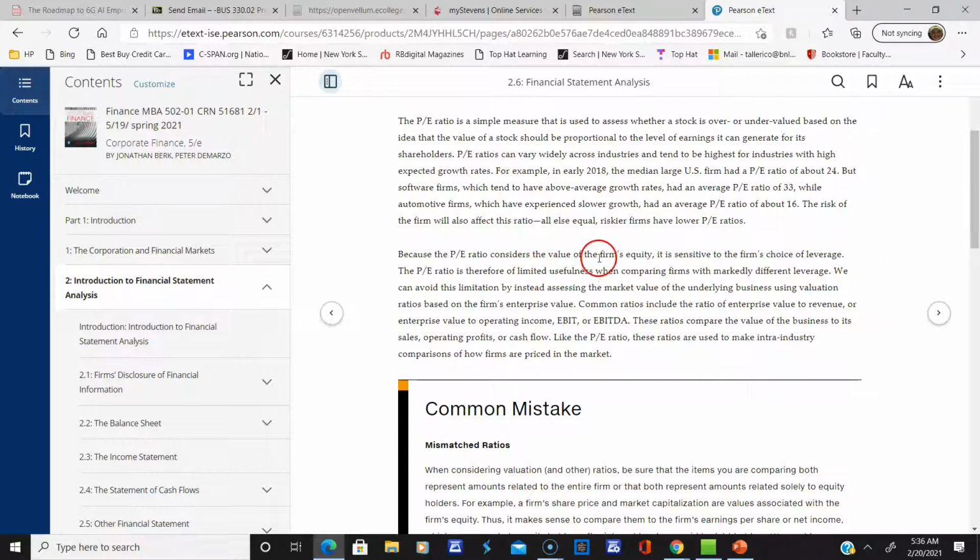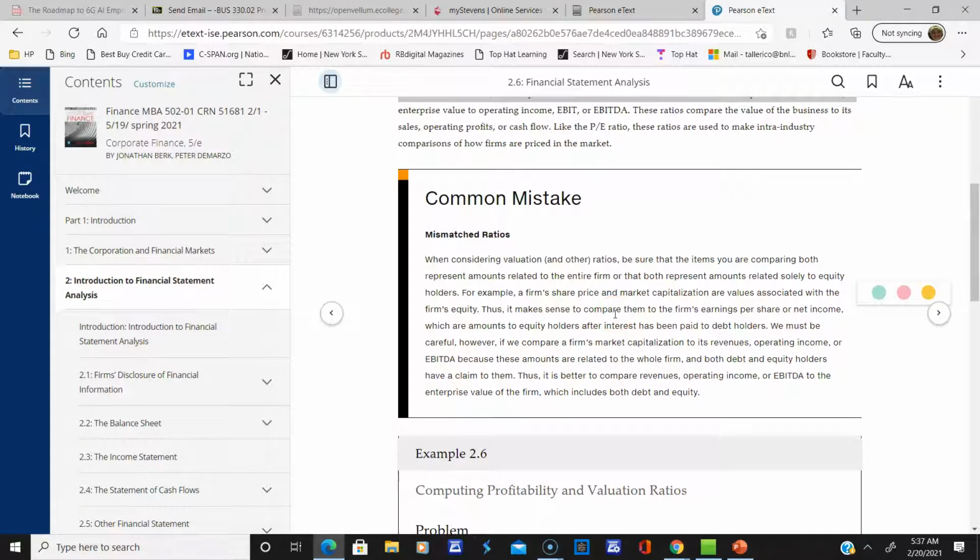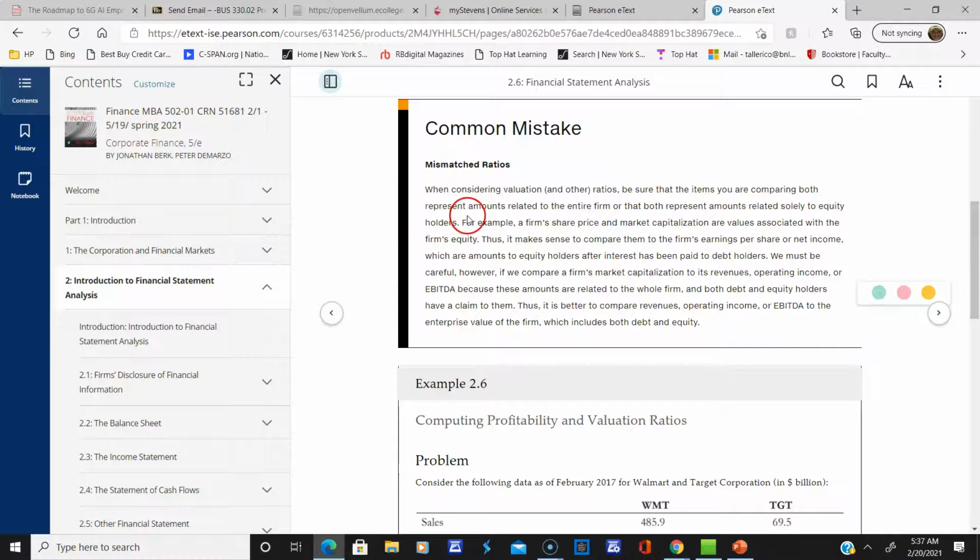So the PE ratio looks at the value of the firm's equity. So it's sensitive to the firm's choice of leverage, because the equity will go down, let's say, if the company has too much debt. If the company's overloaded with debt, that'll go down. So people make mistakes with mismatched ratios, not comparing things correctly.